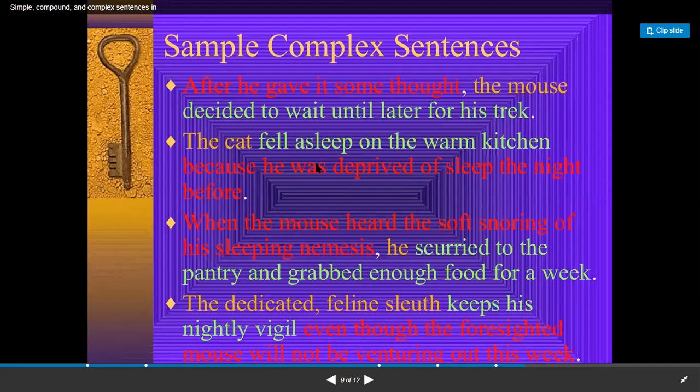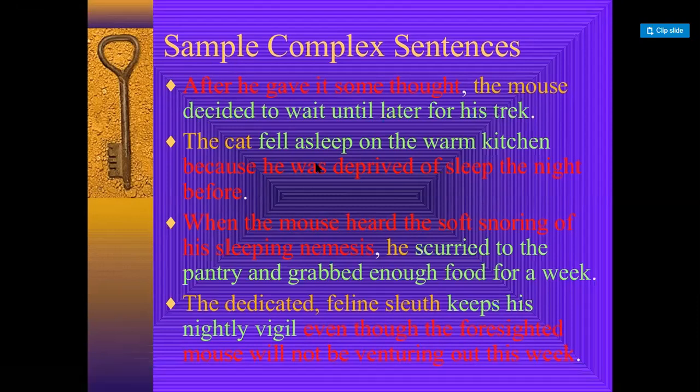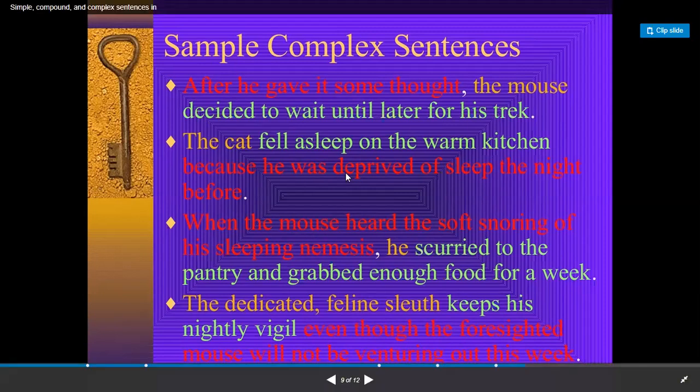The second example. The cat fell asleep on the warm kitchen because he was deprived of sleep the night before. Here we have two clauses. One of them is dependent and the other is independent. So we call this sentence a complex sentence, not a compound one.